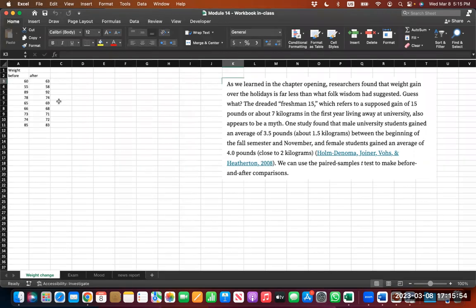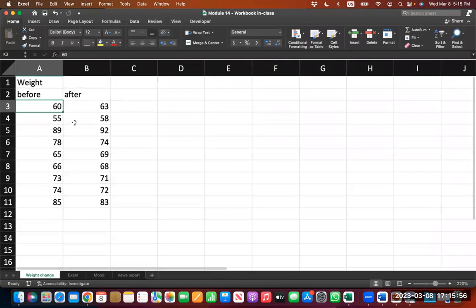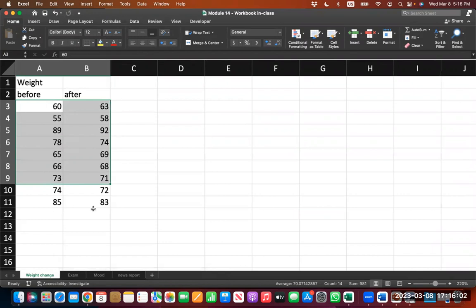The way you have to look at this, let's assume this is a sample of 1, 2, 3, 4, 5, 6, 7, 8, 9 students. These 9 students were measured before and after. So your comparison distribution is the distribution of the mean differences, the mean sample differences.